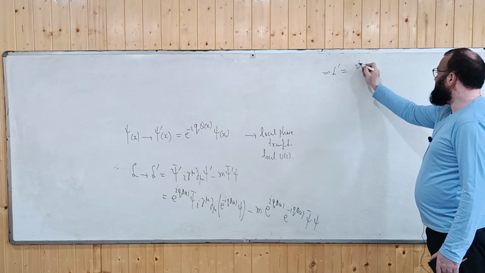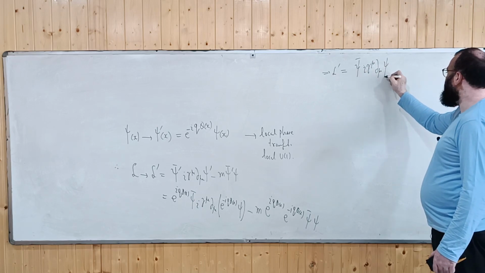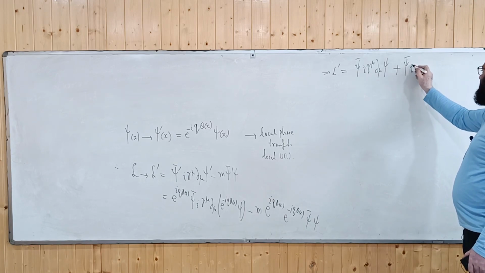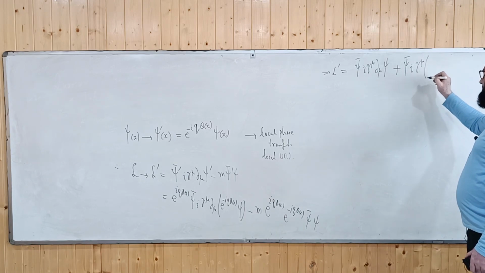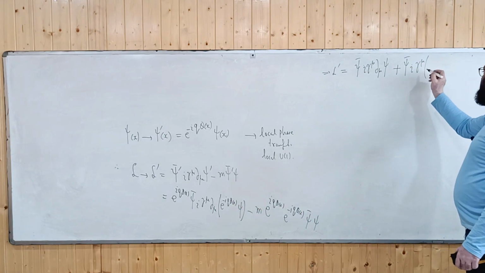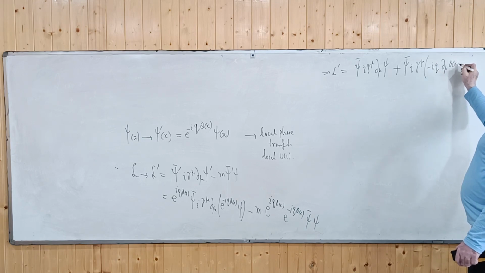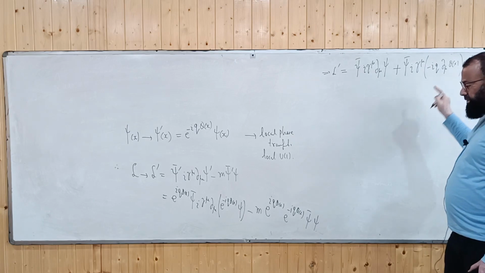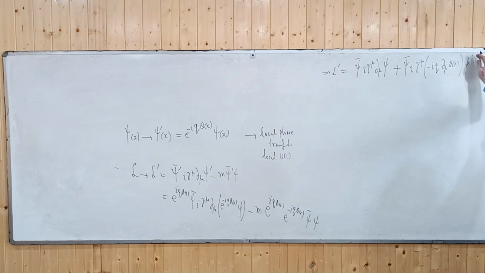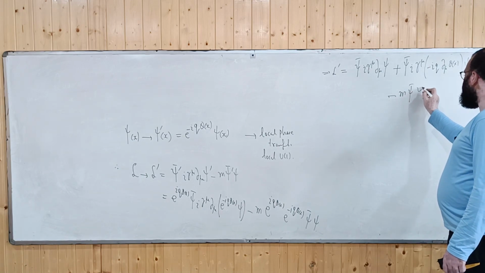So it will be simply psi bar i gamma mu partial mu psi. Then another term, plus you have psi bar i gamma mu times the differentiation of this very factor. What is the differentiation? Minus i q partial mu theta of x. Then you have the exponential outside, which will make 1 with this, and you have psi, minus m psi bar psi.